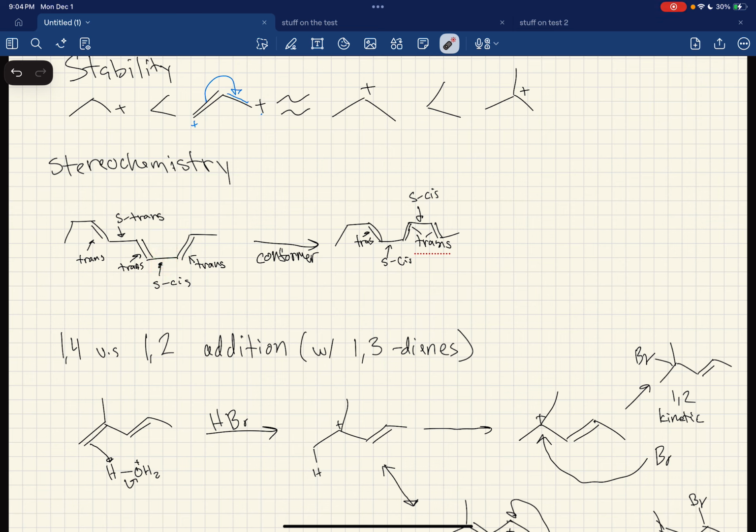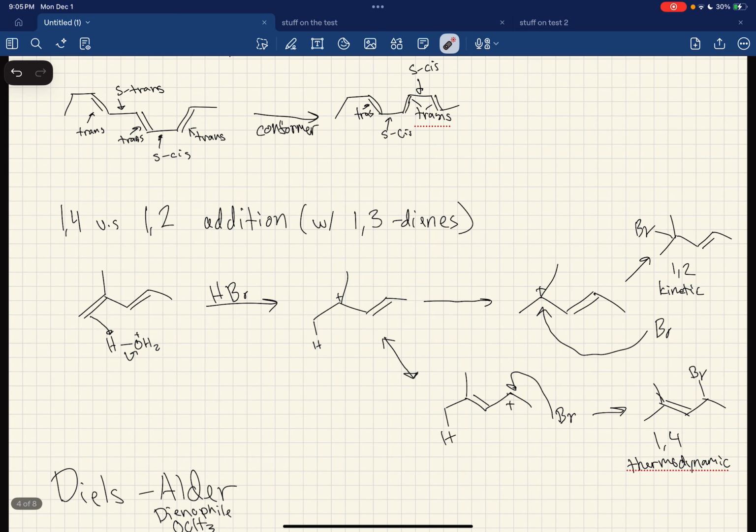You cannot change this orientation. So if you change the orientation of the S-trans, S-cis, rotating around the sigma bond, they're going to be conformers, provided that these all stay the same. If these change, then you're either going to have an enantiomer or diastereomer, depending on how many are changed. So remember that. If it's only changing this conformation of the sigma bonds, conformers.